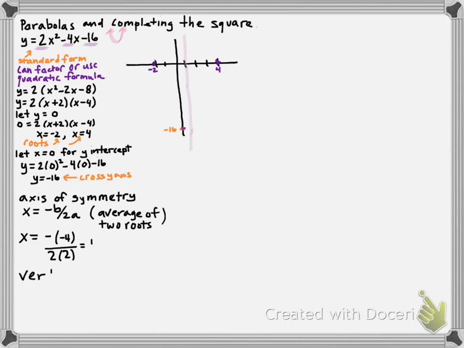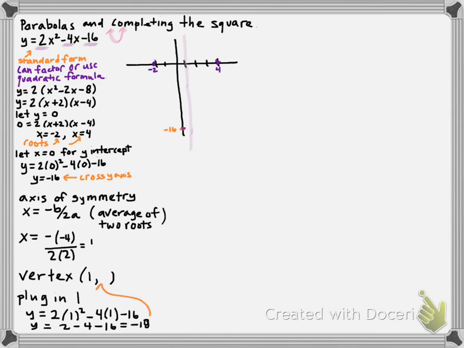So how do I find where the vertex actually is? I'm going to plug in 1 into my graph. Again, it doesn't matter what form you plug it into, you're just plugging into the x values. I plugged it into the original standard form, and I got a y value that is -18. So my vertex is going to be (1, -18).